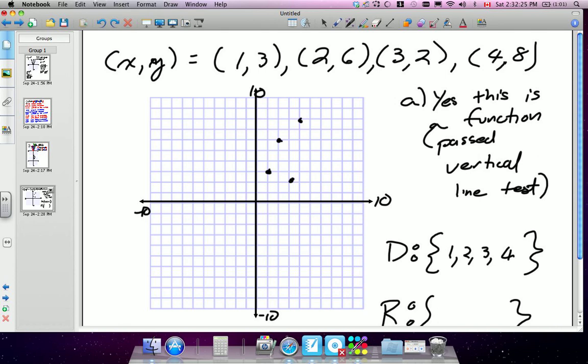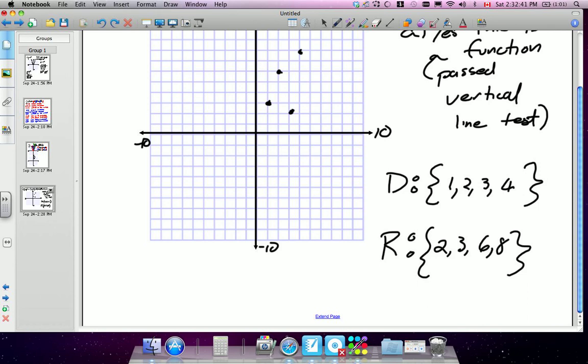The lowest number was 2, then 3, then 6, then 8. So the domain of this function is 1, 2, 3, 4, and the range is 2, 3, 6, and 8. Mainly because this is not a continuous function. Had this been something like that, very different. But because we only had 4 points, that's the domain of 4 points, and that's the range of 4 points.